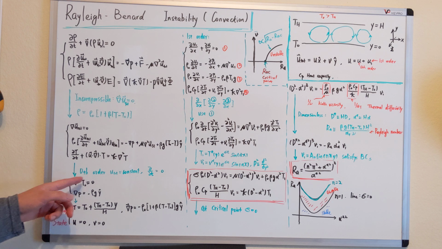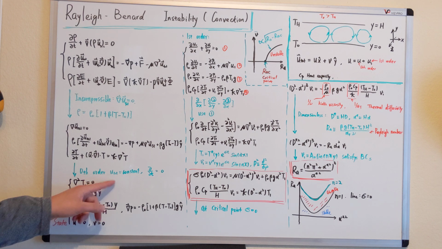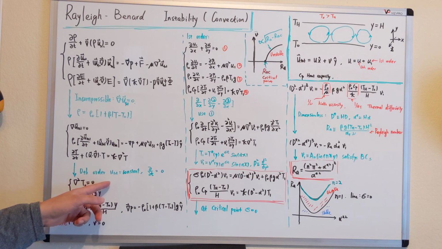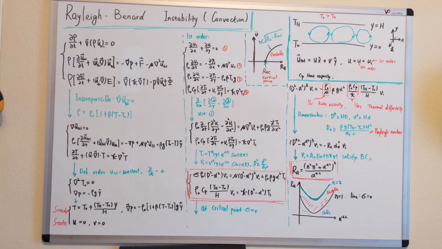For the zeroth order, basically the steady state, we assume that U total is a constant. By constant, I mean it's not variable over space or time.